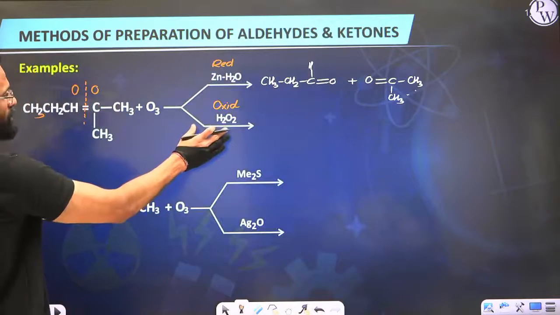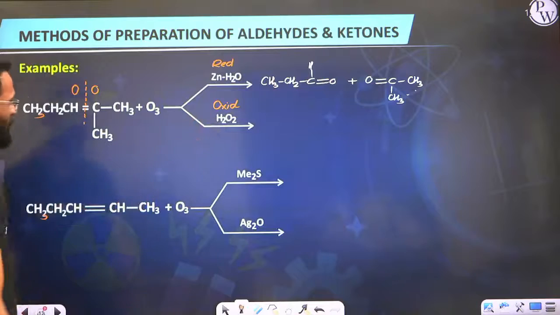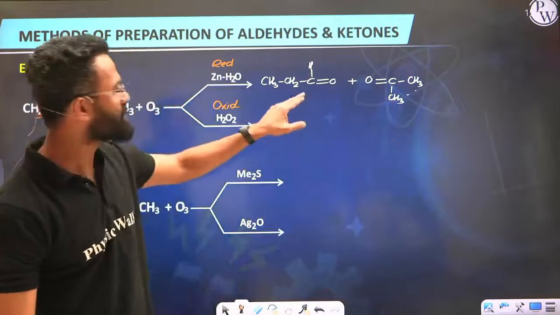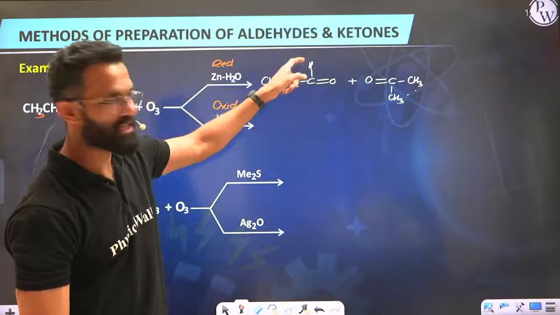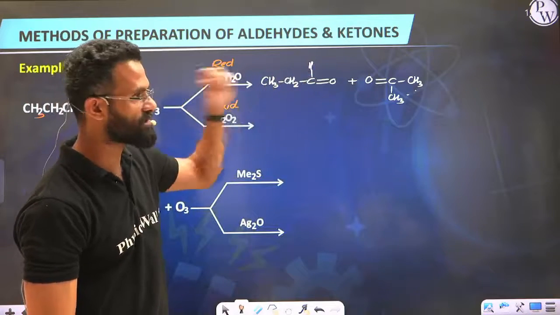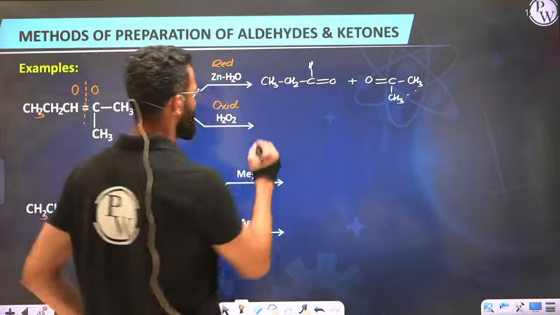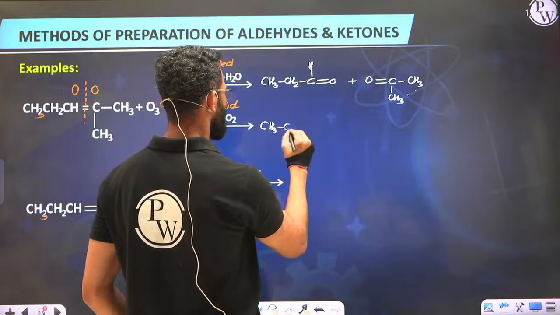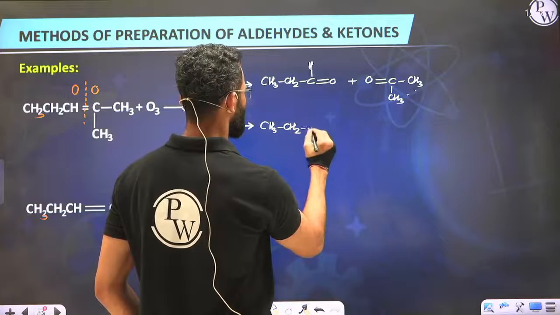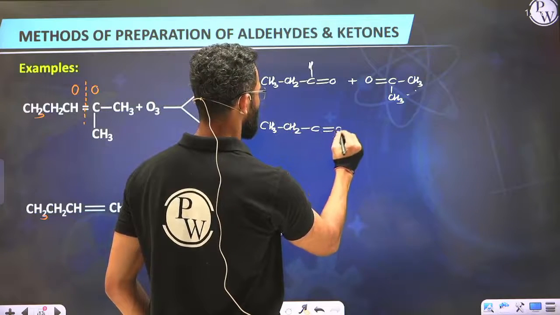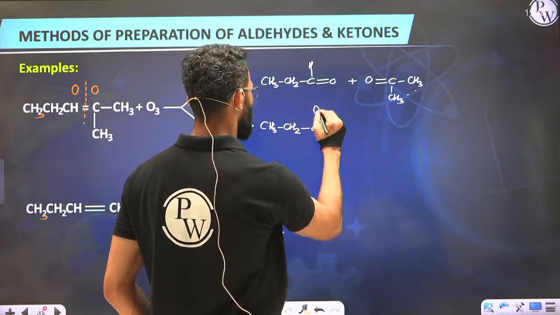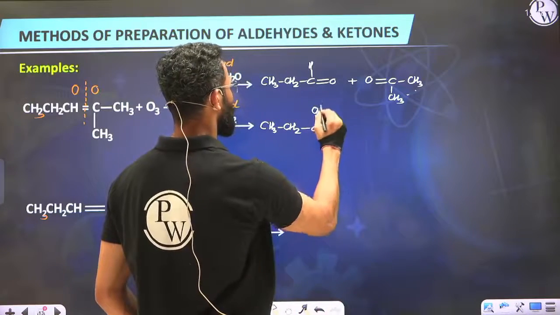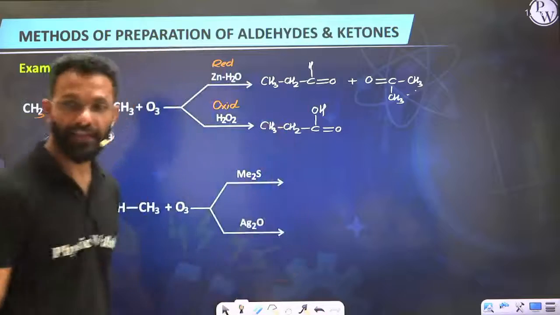Whereas if you carry out oxidation, meaning oxidative ozonolysis, then ketone will still remain ketone. But the aldehyde which contains oxidizable H will get oxidized, and that's how it's going to be COOH. Meaning here we will be getting CH3, CH2, C double bond O, and now this got oxidized to give you COOH, propionic acid.